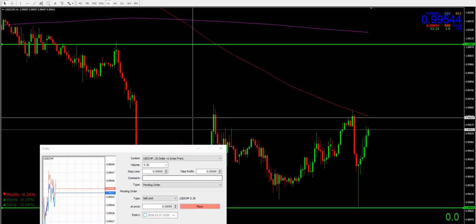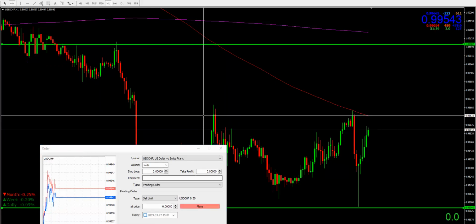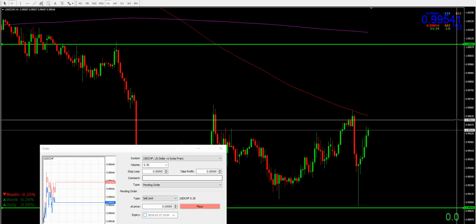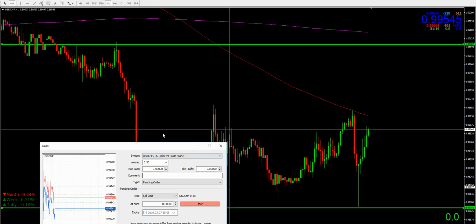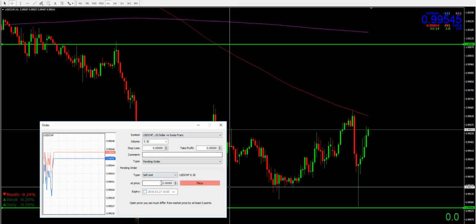This is where I'll be looking to enter the trade, and that is going to be 0.9963, let's say 635.